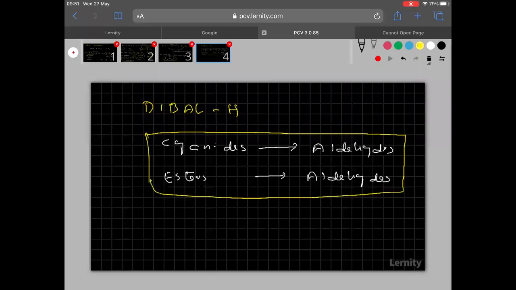At the same time, esters into aldehydes. Clear, everyone? This is one of the important things regarding DIBAL-H. DIBAL-H is used to convert cyanides into aldehydes, and at the same time, esters also can be reduced by DIBAL-H. Hope it is clear to everyone.